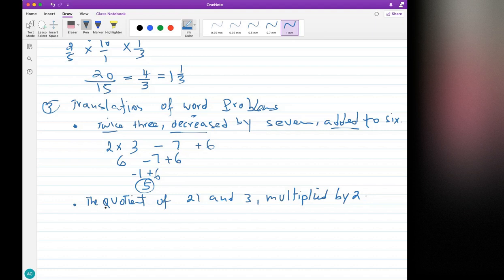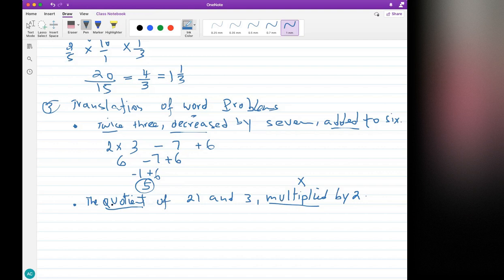The keyword is quotient, of course, and multiplied. You know what that is. What do we mean by the quotient? Or what is the operation for that? What do you mean by the quotient of two numbers?